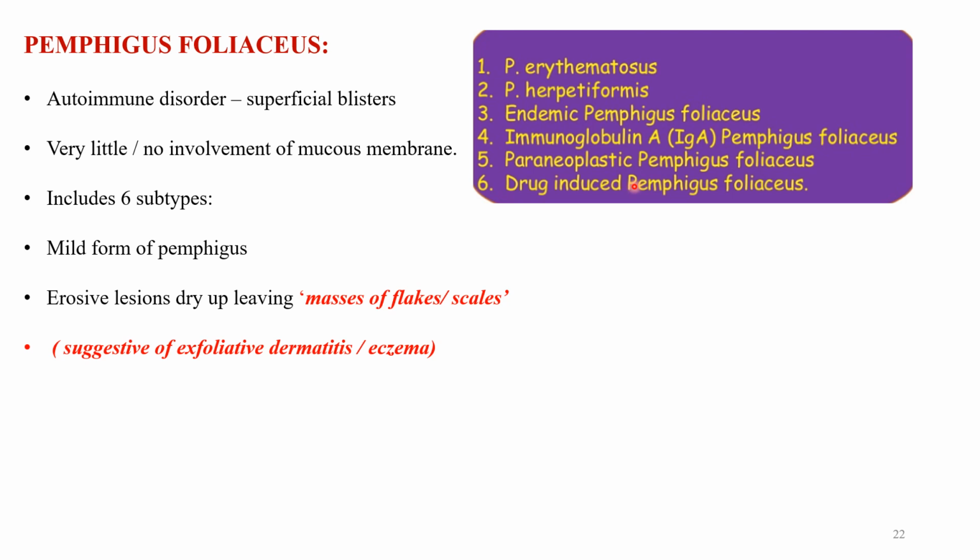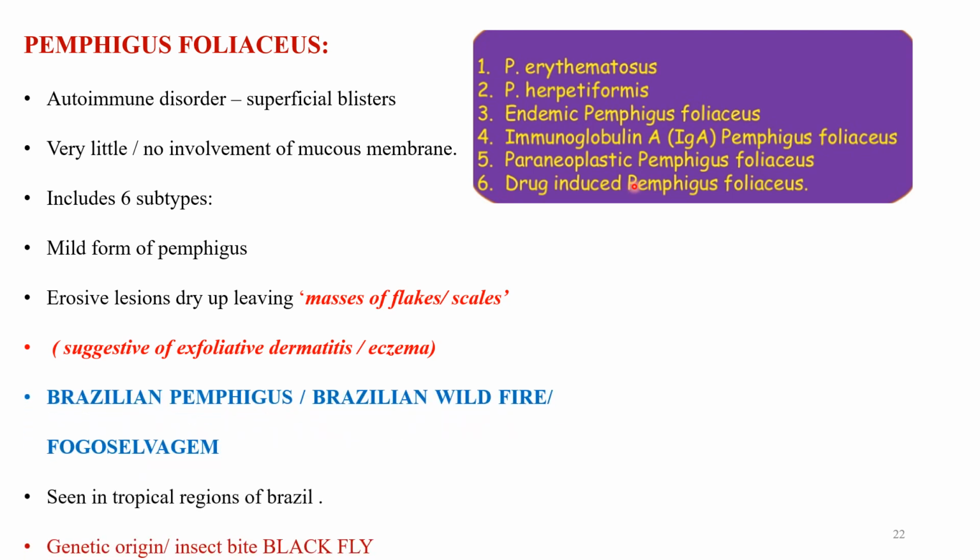Among them, one more important feature about this Pemphigus foliaceus which we have to remember is the endemic type of pemphigus, which is also known as the Brazilian pemphigus or Brazilian wildfire or Fogo selvagem.